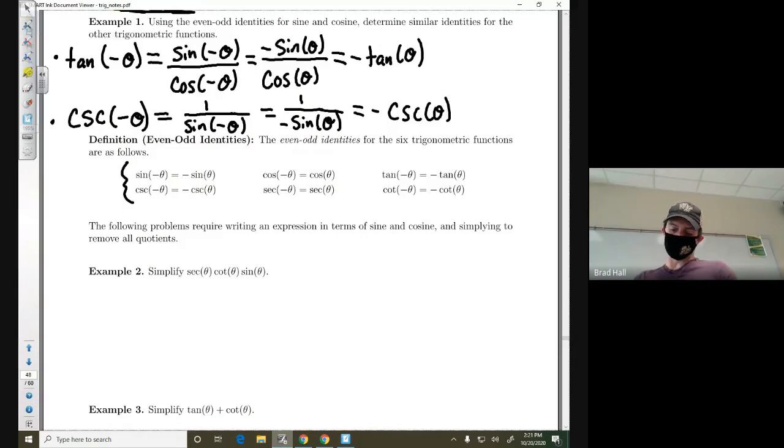Another issue that may arise as you're doing homework questions from this section is, what does it mean for something to be simplified? What end goal are you trying to reach? Because simplification in algebra is sometimes more quantifiable than, say, in trigonometry.